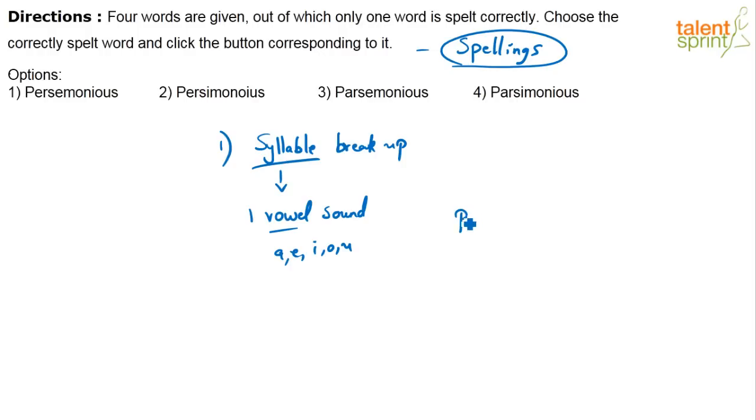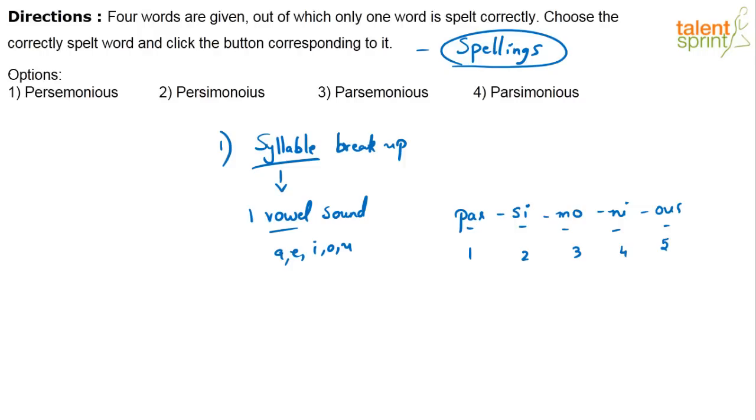Now if I have to break this word into syllables, I would go ahead and break it with each vowel sound. I'll say par, 1 syllable, 2 syllables, parsimo, 3rd syllable, 4th syllable, and 5th syllable. So this word has 5 syllables. Hi, Abin, Ashok. This word has 5 syllables.